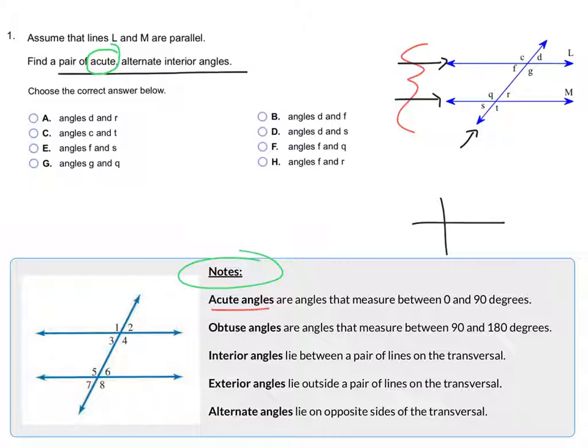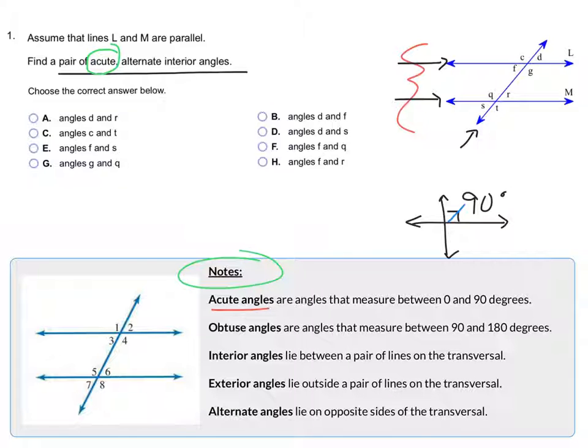So here I have two perpendicular lines, and they cross to make right angles. So for instance, here we have a right angle, which is 90 degrees. An acute angle is smaller than 90 degrees.